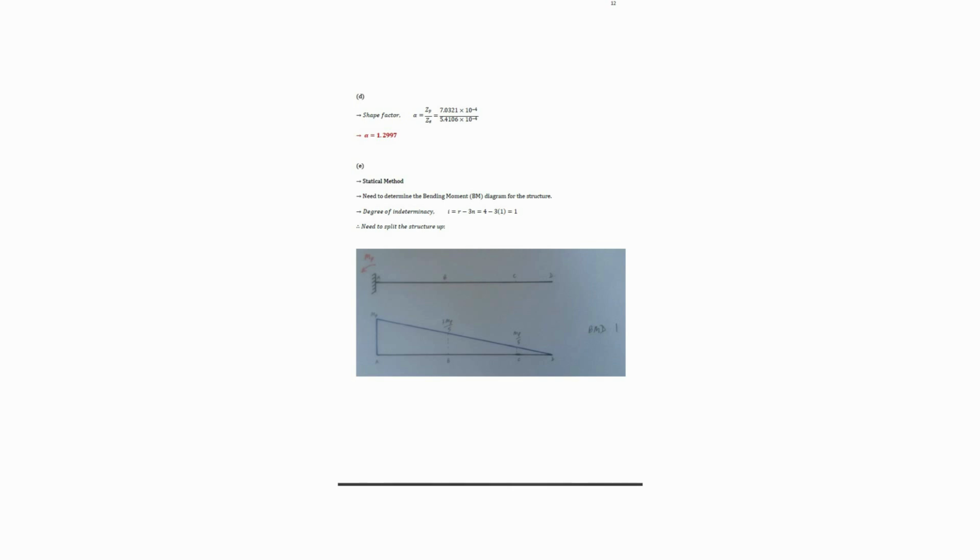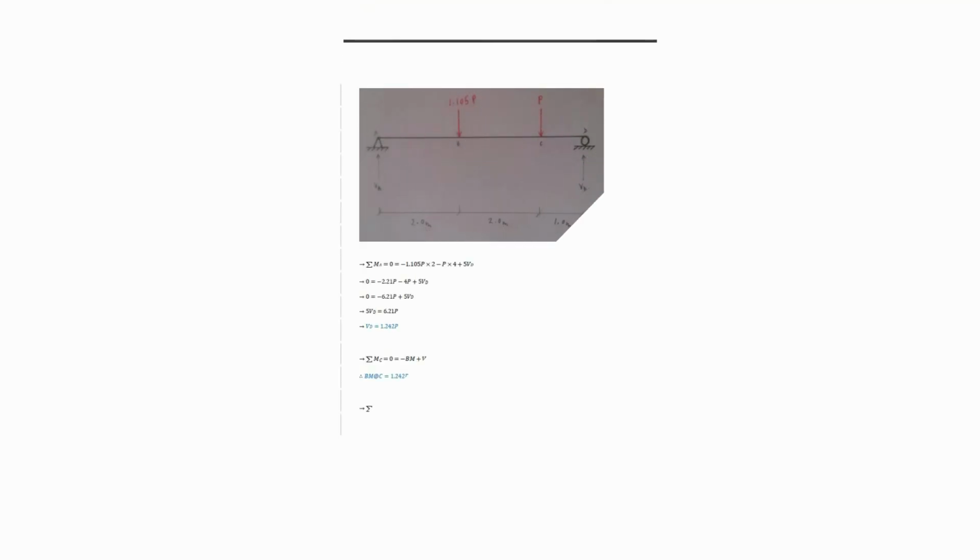Q2 E. To determine the critical load for plastic collapse using the statical method. 1. Bending moment diagram. Draw the bending moment diagram for the frame under a given load. 2. Plastic hinges. Identify potential locations where plastic hinges could form when the load reaches the plastic moment capacity. 3.